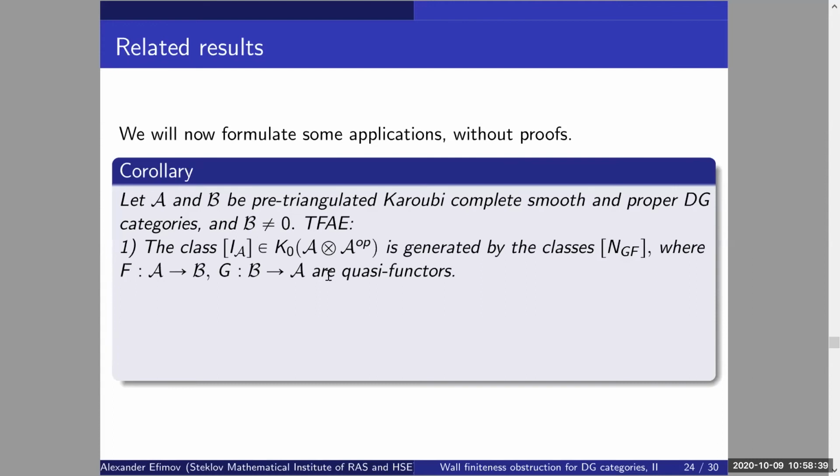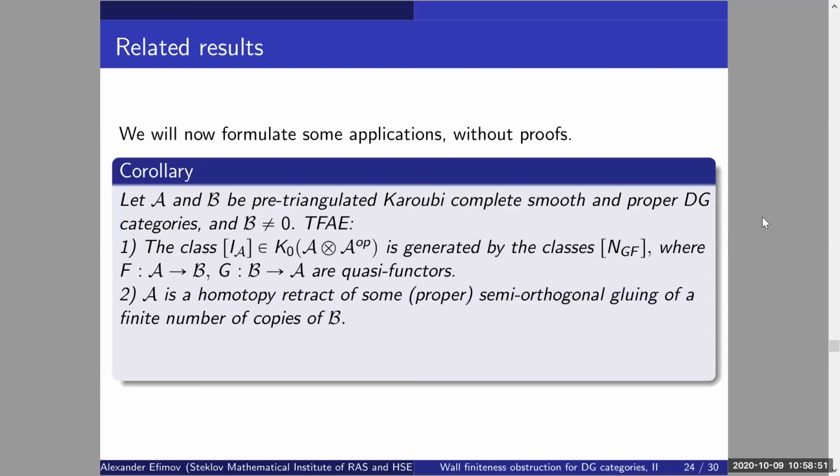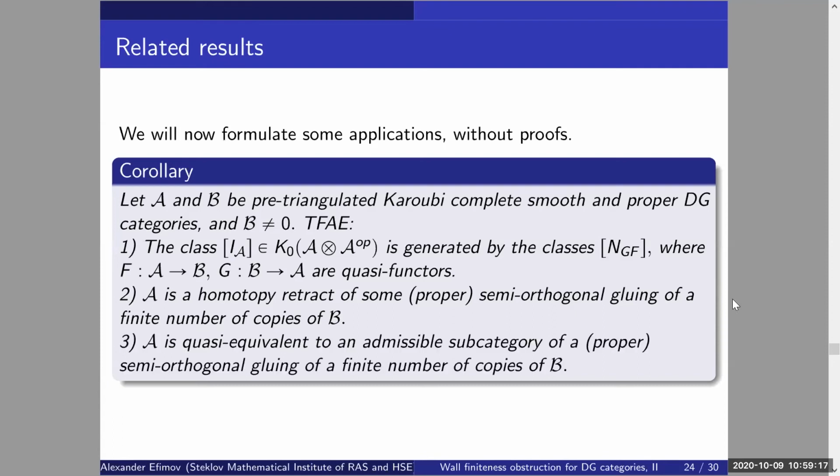First, the class of the diagonal is generated by the classes of the compositions from A to B and then from B to A. And second, A is a retract of some proper, and here proper is the same as smooth, but properness is just easier to check, it's just finite dimensionality of the bimodules on the cohomological level. So A is a homotopy retract of some proper semi-orthogonal gluing of a finite number of copies of B. And the third condition is that A is quasi-equivalent to an admissible subcategory of such a gluing.